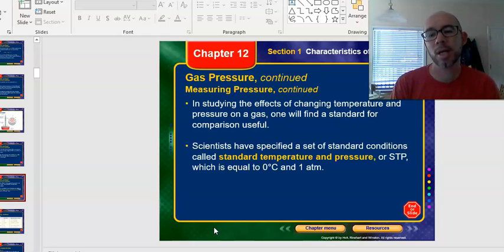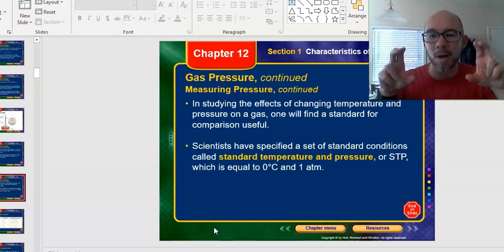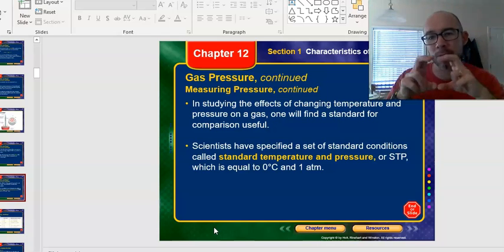But in chemistry, STP is made up of 2 quantities that we want to control, and if we can set our temperature and pressure to these particular things, then we can all talk the same language about other things like volume, amounts of things.